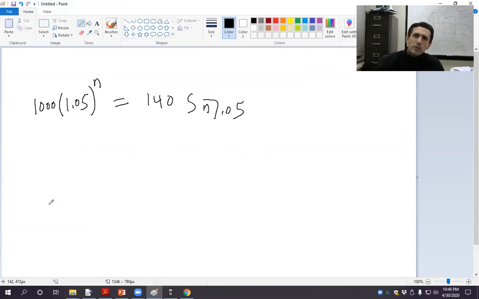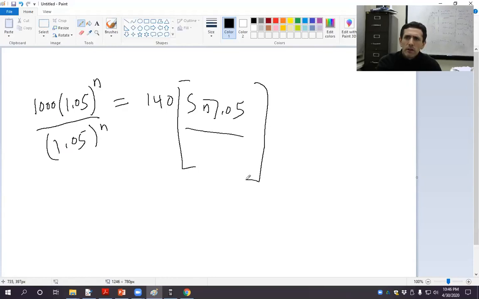The easiest way to solve this, and this is why it's called discounted payback period, is we divide both sides by 1.05 to the N. We should know what happens to accumulated value when we divide by the growth factor to the N. We just get the present value of our annuity.